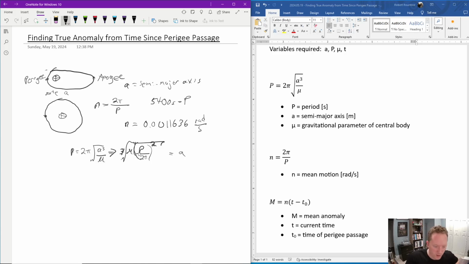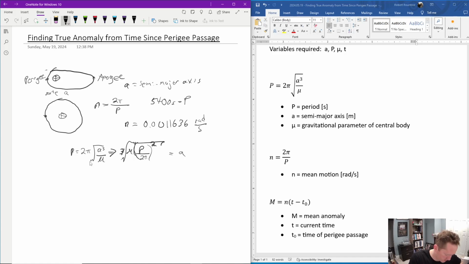So we can calculate that with a period of 5,400 seconds divided by 2 pi. We can square that, and then multiply that times our gravitational parameter, which is 3.986 times 10 to the 14th meters cubed per second squared for Earth. That gives us 2.944 times 10 to the 20th.